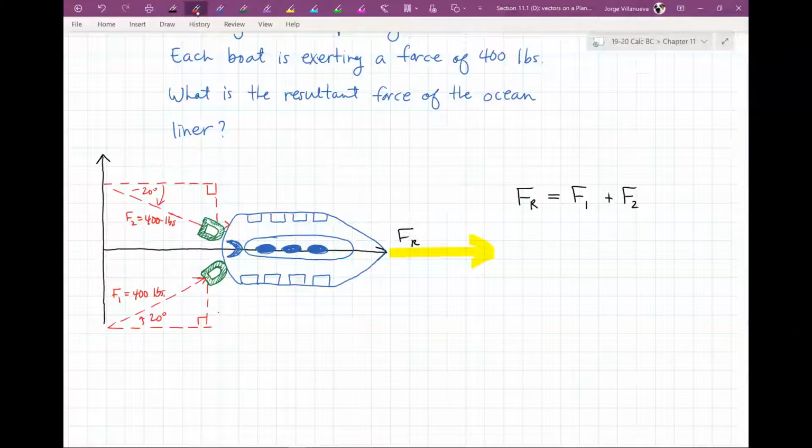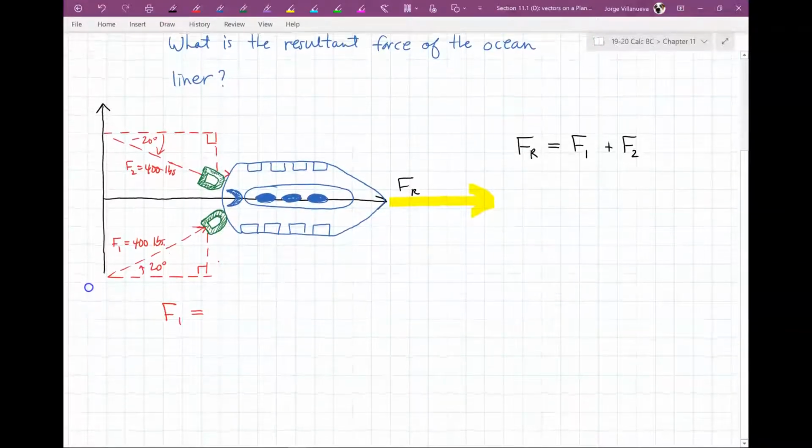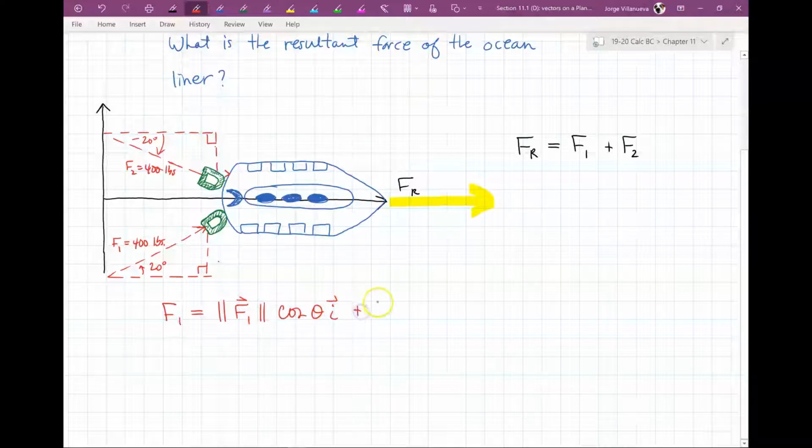So let's figure out force 1. Remember, based on the formula, we're going to find the magnitude of force 1 cosine theta i, plus the magnitude of force 1 sine theta j. That's the formula we're going to use. Now, the magnitude of force 1 is pretty easy. They told us force 1 is 400 pounds.